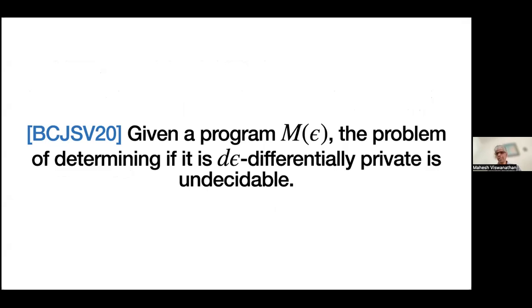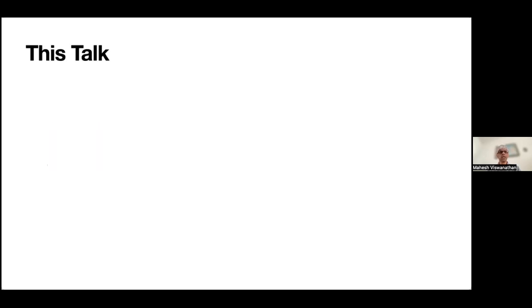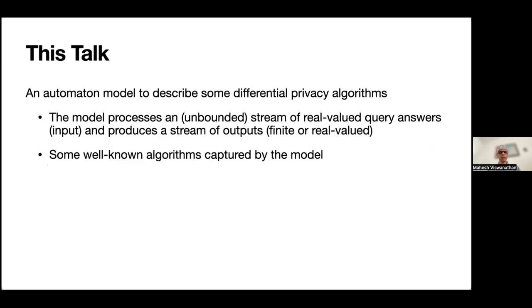So the goal, at least of some of the work that Rohit, Prasad, and I have been doing, is to basically understand when this question is decidable, and I'm going to share some results in that context here.